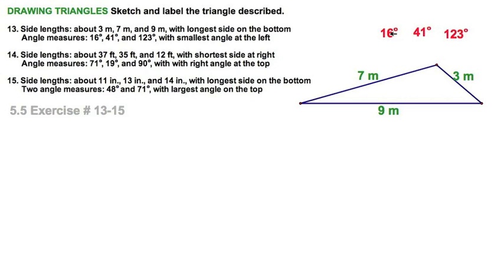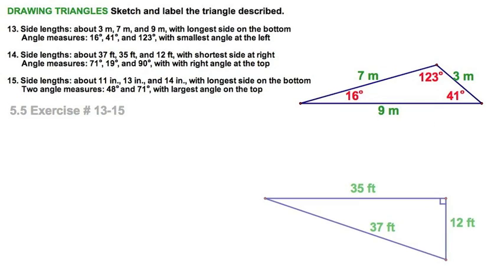And it says that the smallest angle's at the left. I like that, because the smallest angle here is opposite the smallest side. The 41 would be here, and the largest angle must be opposite the largest side. Well, there you go. That's 13.